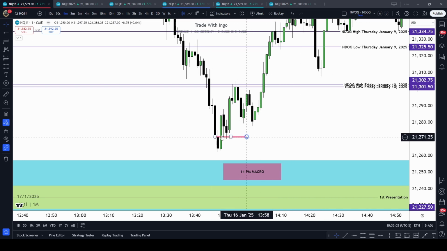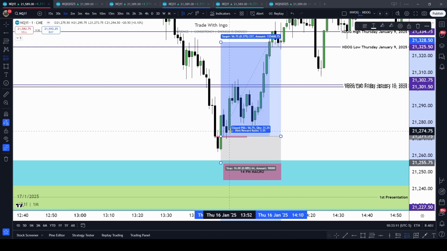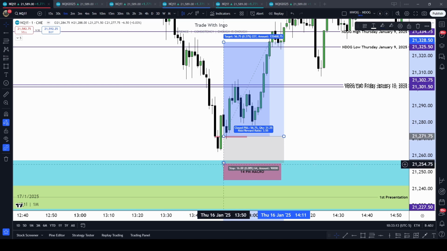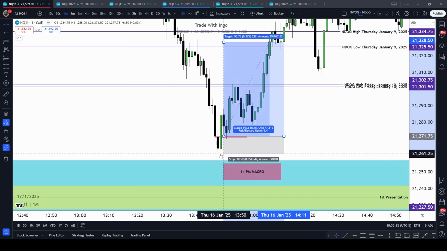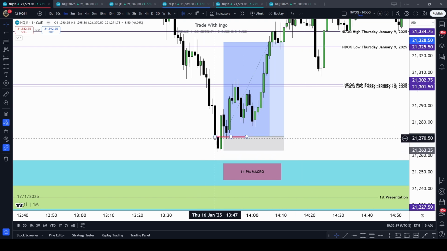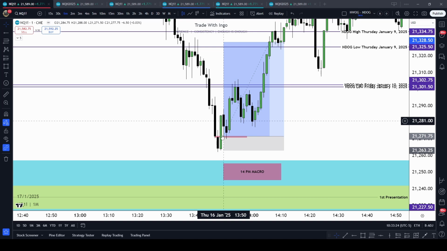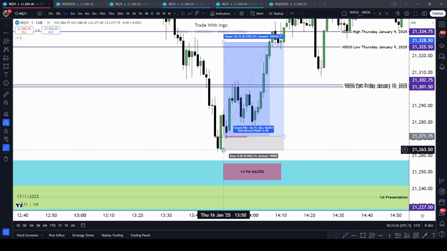If you can identify an Ingo entry model, you could capture a beautiful high reward, low risk entry mechanism. Entering on the top of the volume imbalance, below the down close candle we place the stop loss.